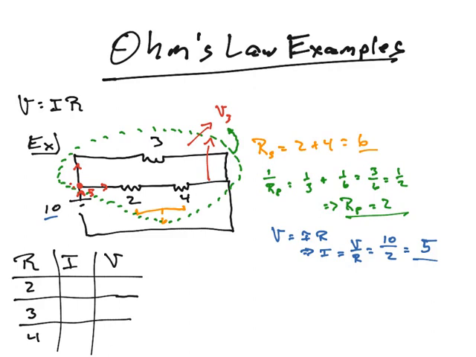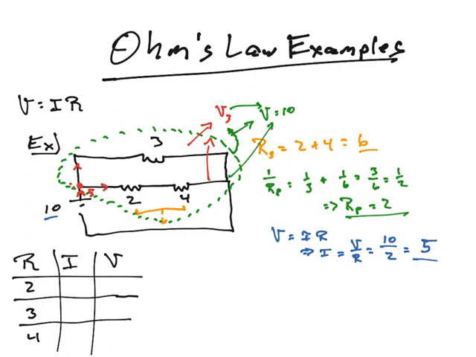So all the voltage is dropped in one cycle around the circuit. So if I have 10 volts to drop, and there's only one thing, the parallel set, that can drop it, that must mean the parallel set must drop all 10 volts. So if the parallel set drops 10, then the top branch must drop 10 and the bottom branch must drop 10.